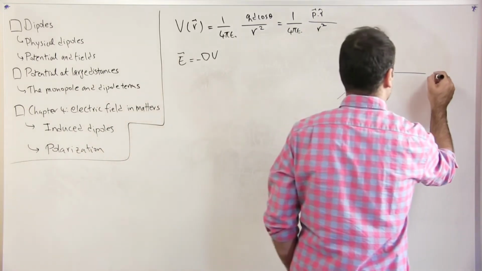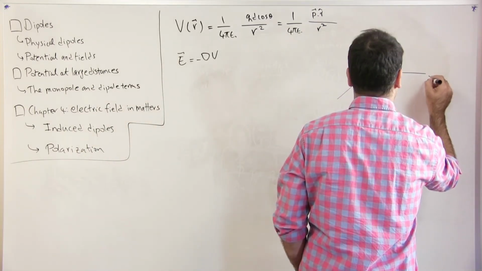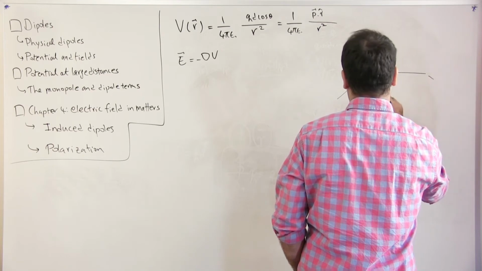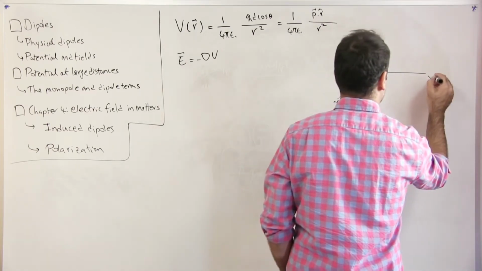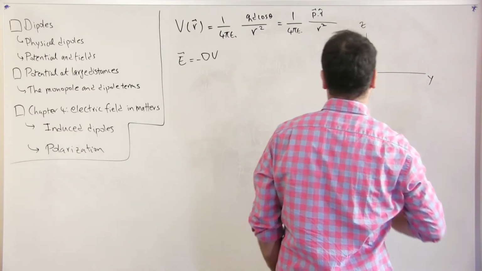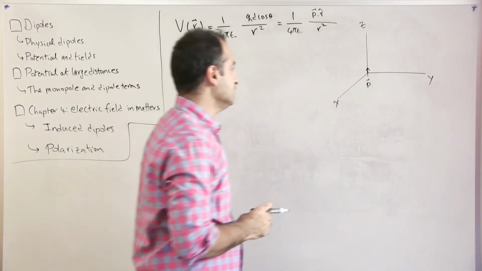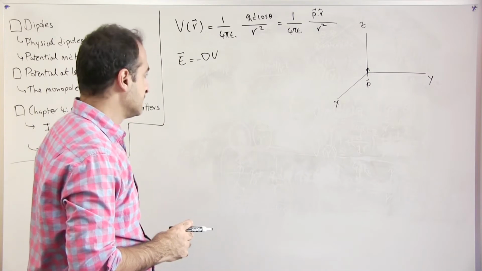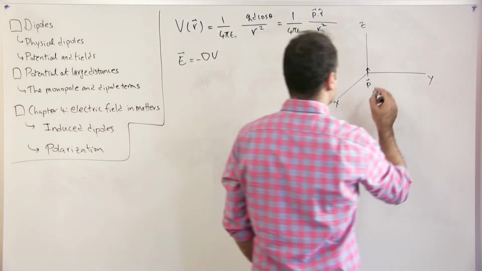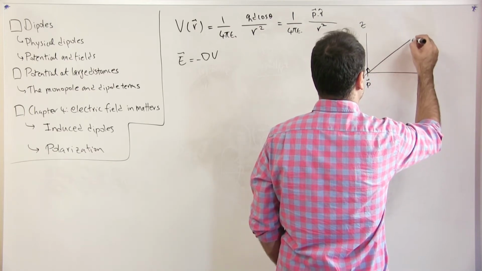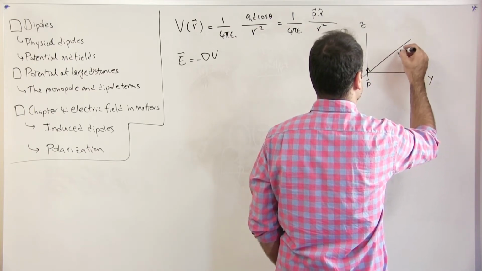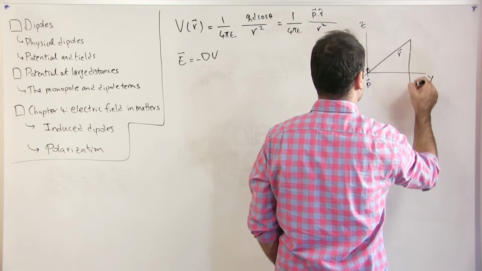If these are X, Y, and Z, this is P, and imagine we are at position R here.